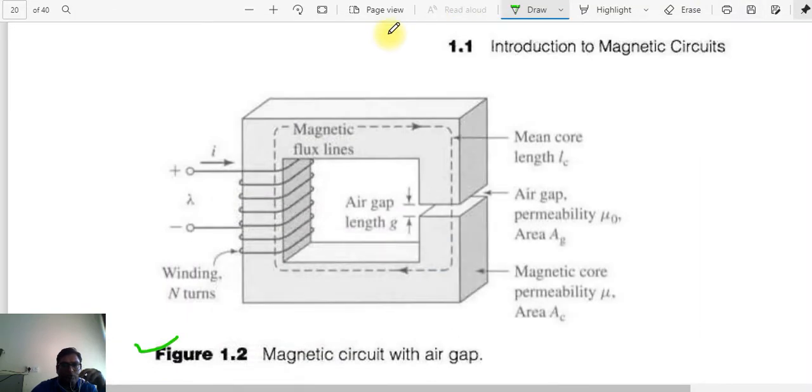What is figure 1.2? It shows a magnetic circuit with an air gap. The current I comes to this point and flows in this coil. This is the current flowing direction.